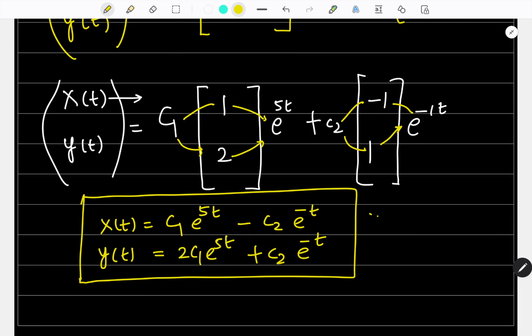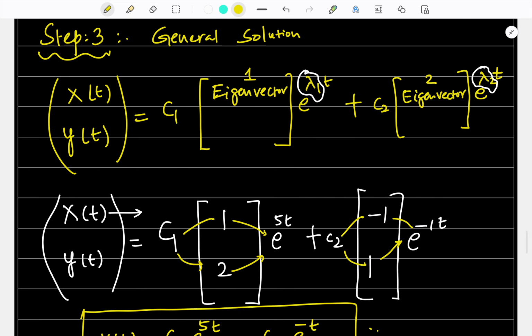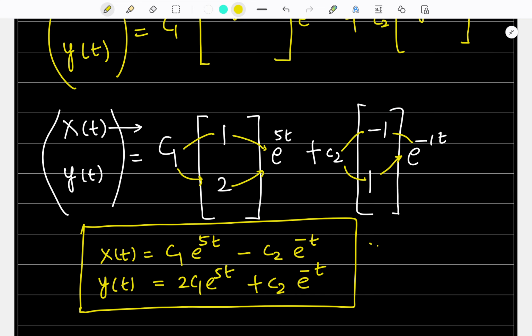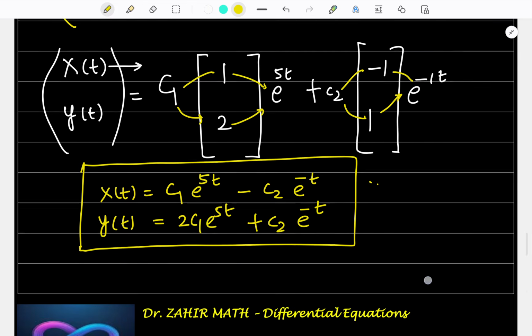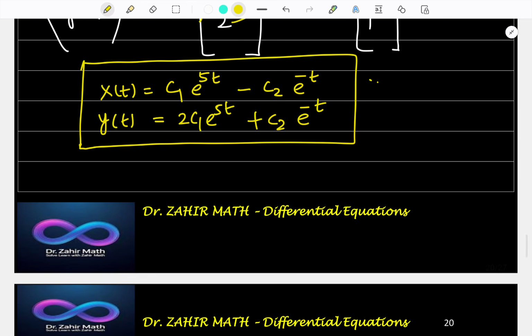I hope there is no mistake. 1 c1 e power 5t plus c2, take on this one. So this is going to be your final answer, x of t and y of t. So this is the general solution of the system of differential equations.